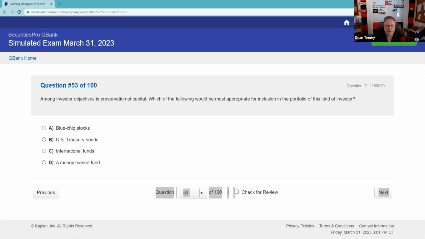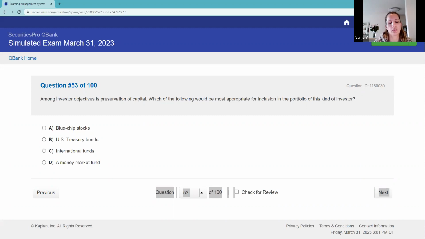Among investors' objectives is preservation of capital. Which of the following would be most appropriate for inclusion in the portfolio of this kind of an investor? Preservation of capital. So international funds, it's more of a treasury.